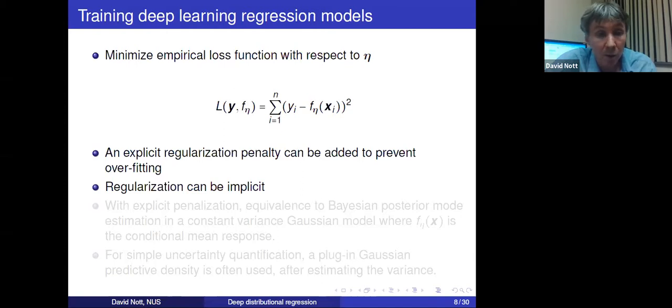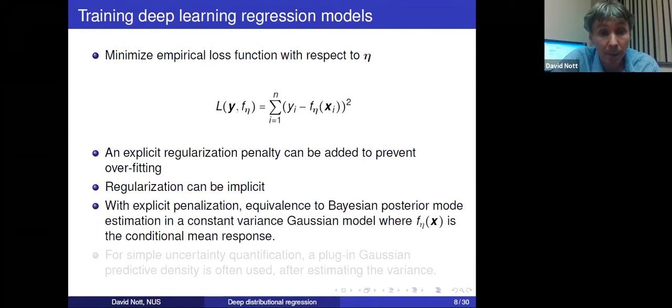So you can do early stopping. It can be important how you initialize the optimization. And there are different ways you can alter the optimization to impose some sort of regularization.